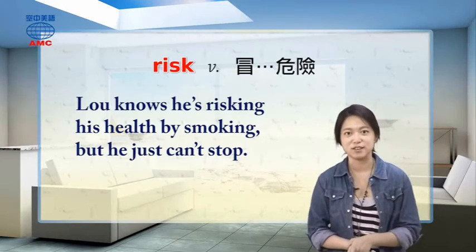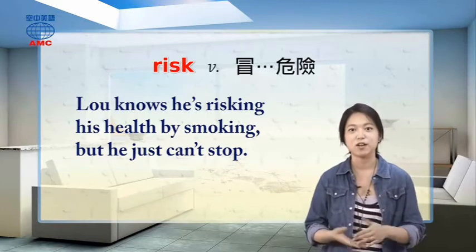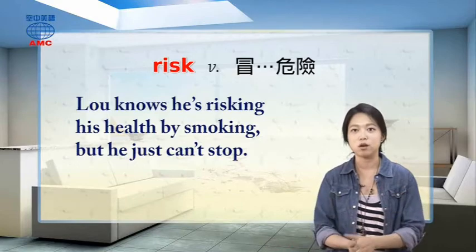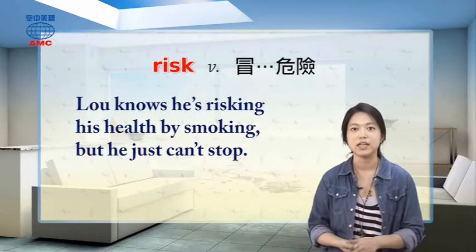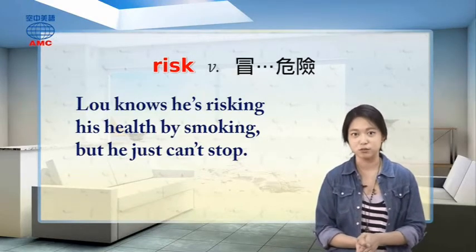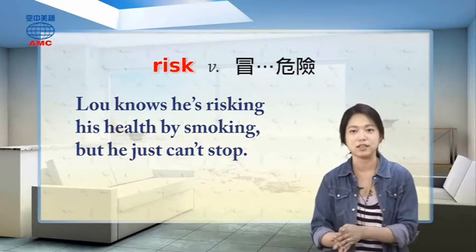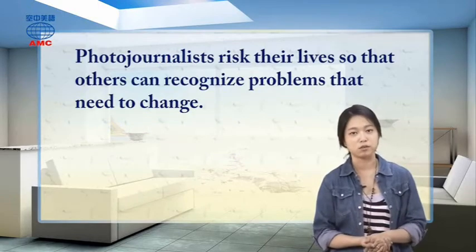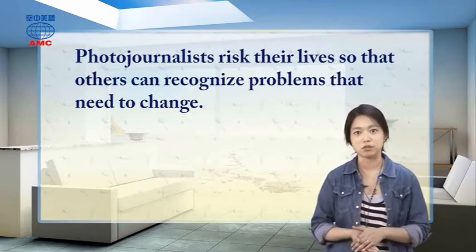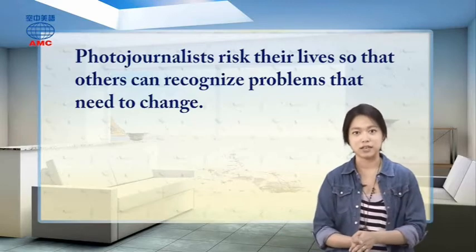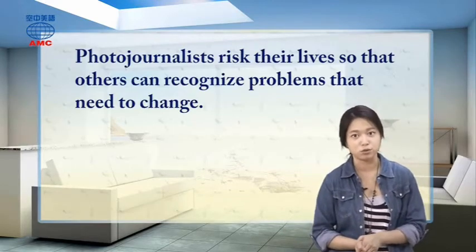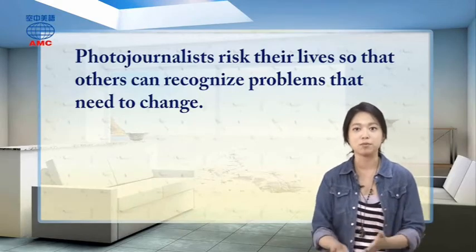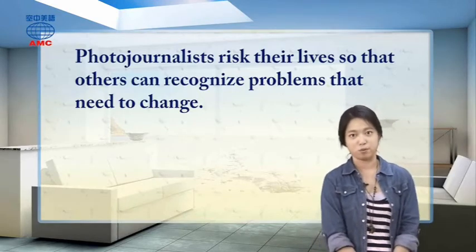Risk 我们学过当名词的用法，表示危机、危险。通常我们会用 take a risk to do something 这样的用法，表示冒着生命危险去做某件事情。今天呢，我们在文章呢用 risk 当动词的用法，表示冒点的危险。所以说到呢，这个影像记者冒着生命的危险，为了什么呢？So that 是一个连接词，表示如此一来，其他人呢才能够理解到世界上需要解决的问题。So by doing this, other people are able to know the problems happening at the other side of the world.